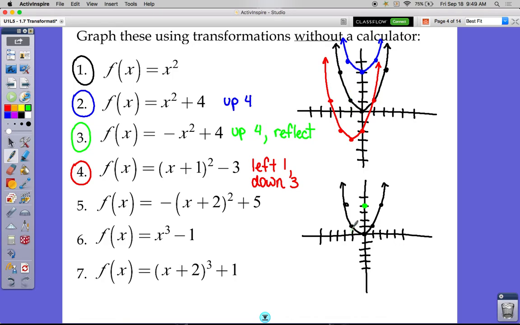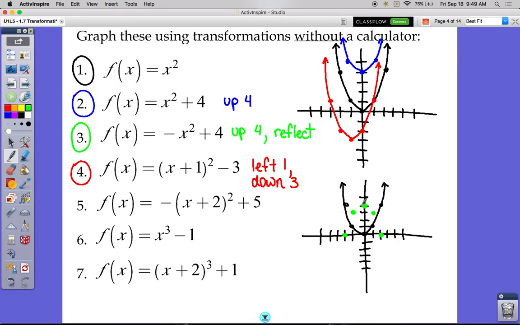Same thing here, that 1 goes to a negative 1 and goes up 1, 2, 3, 4 spots. Positive 4 goes to negative 4 and goes up 1, 2, 3, 4 spots. And likewise, we have the same thing on the other side.